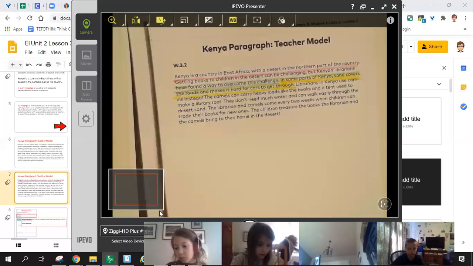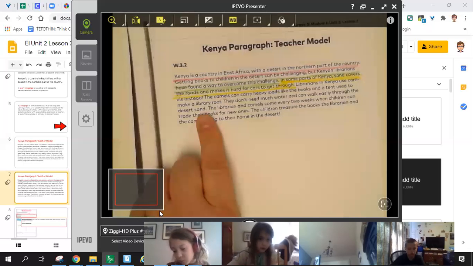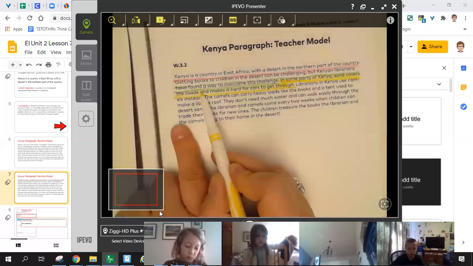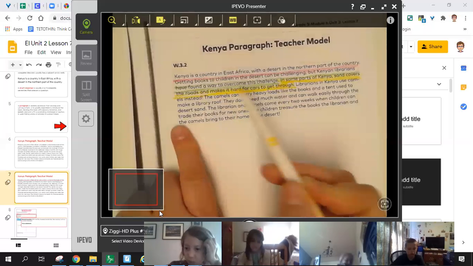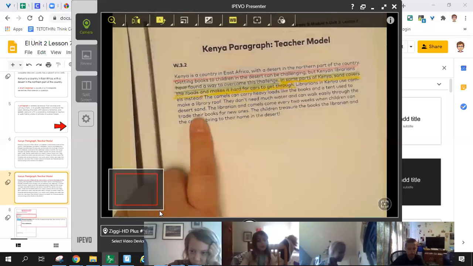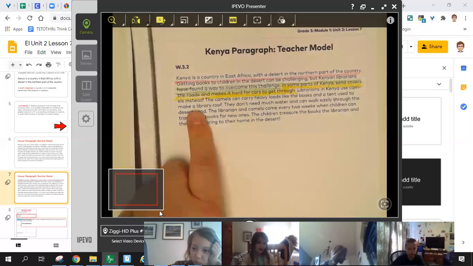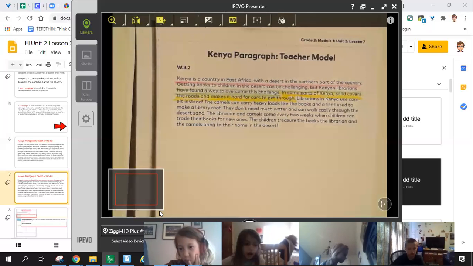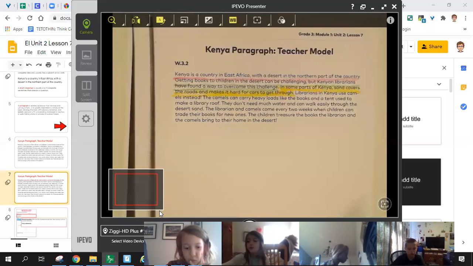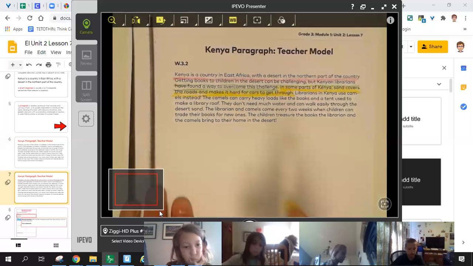There's our challenge, nice and yellow. I'm doing a marker, but I hope you don't. I want you to do it in colored pencil or crayon so you can still see it. But I did it in marker so my friends at home and my friends here can see better. All right, so go ahead and color that one sentence yellow, my friends. Give me a thumbs up when you're ready.